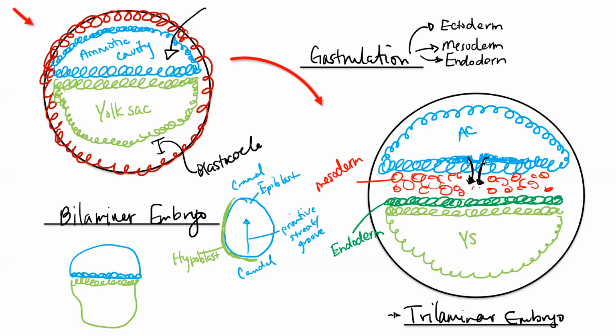So as our epiblast cells continue to come in internally to make the mesoderm, cells start to cluster at the midline. And when they cluster at the midline, they form the very first structure that we see in our embryo. Remember, that's the notochord.